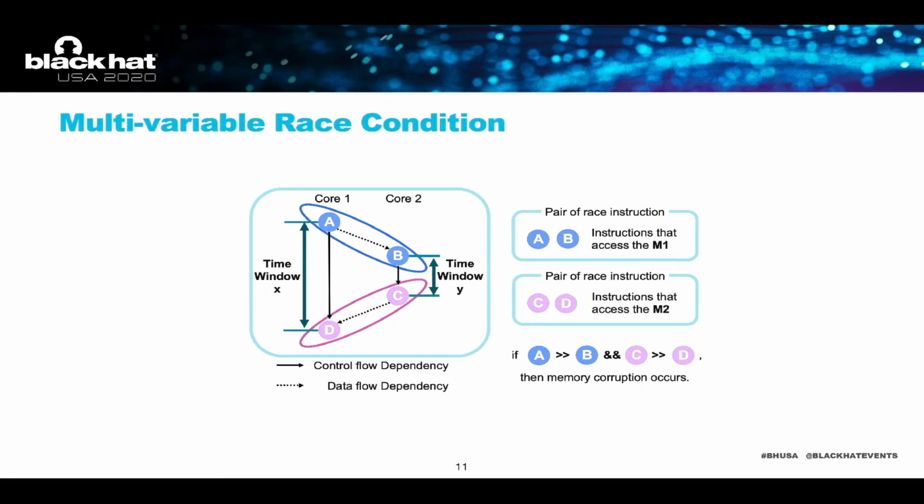We have already seen the time window between the instruction A and D that is supposed to contain the other instructions in core 2. But since there are two instructions in core 2, the instructions in it have their own time window. Let's call each time window X and Y respectively. We noted that when exploiting a multivariable race condition, the relationship between these two time windows is very important.